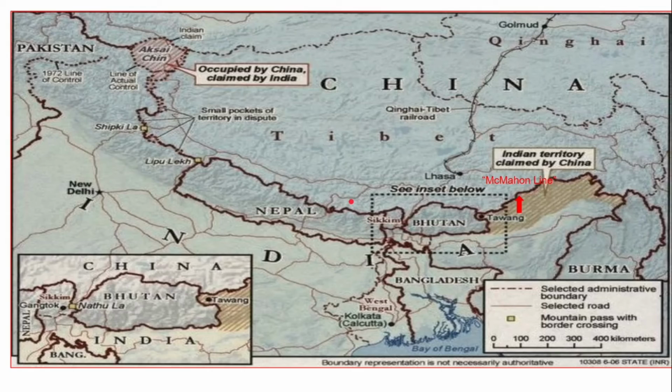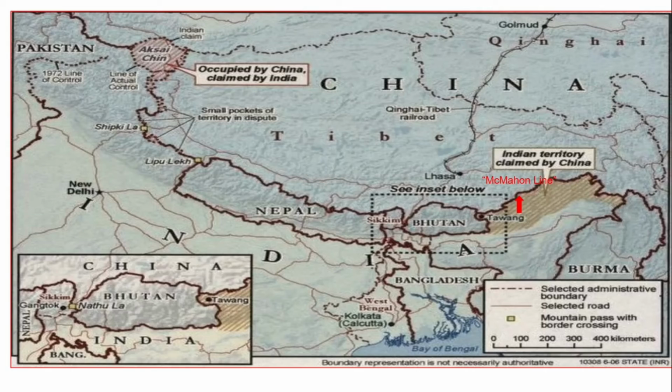The border dispute between India and China is related to Aksai Chin and the McMahon line, here we can see the McMahon line.